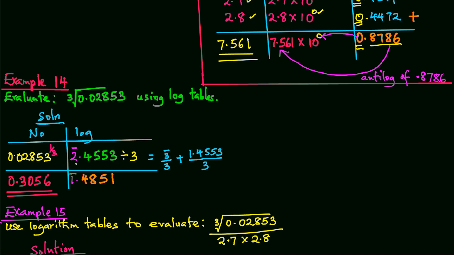Remember, the denominator here is 3, so we divide the log which we have read from the tables by 3. Now this involves a technique which we may call resolving logs.